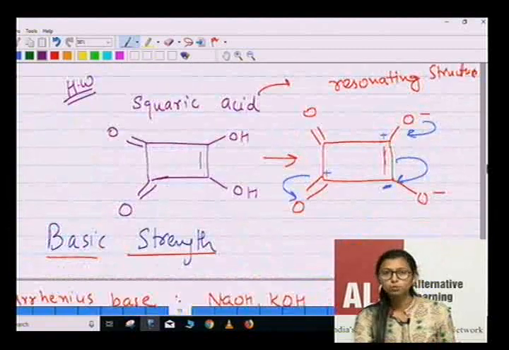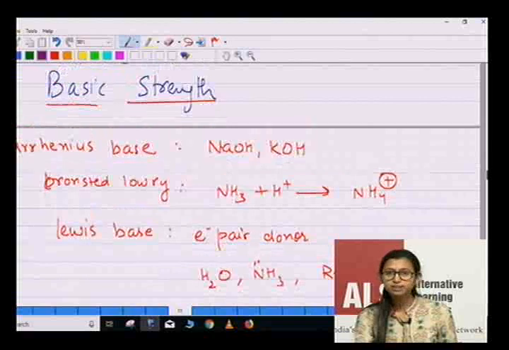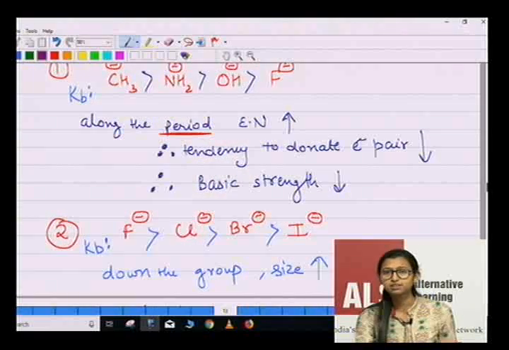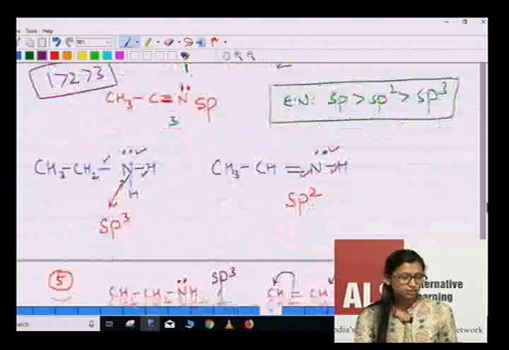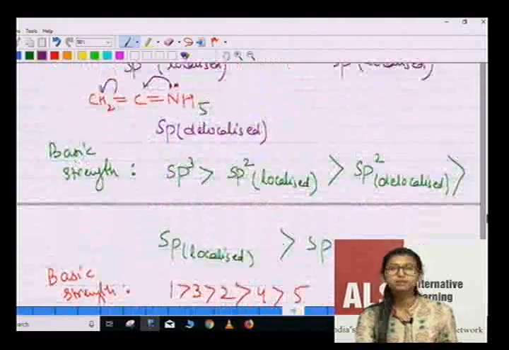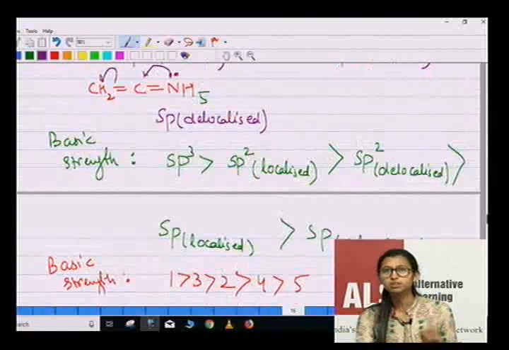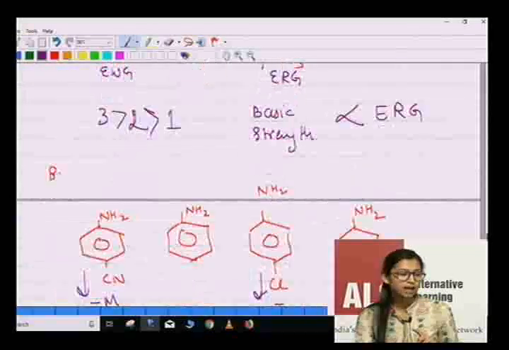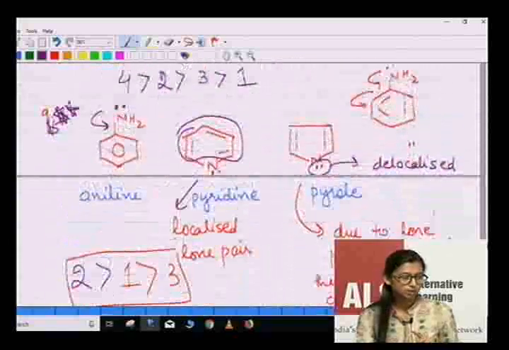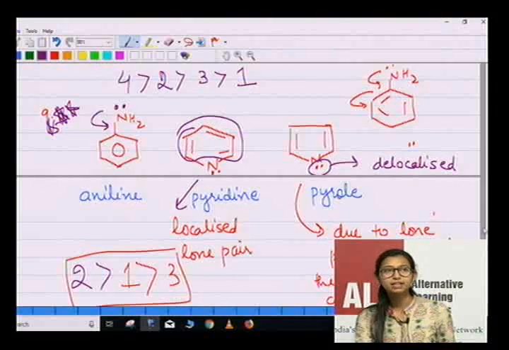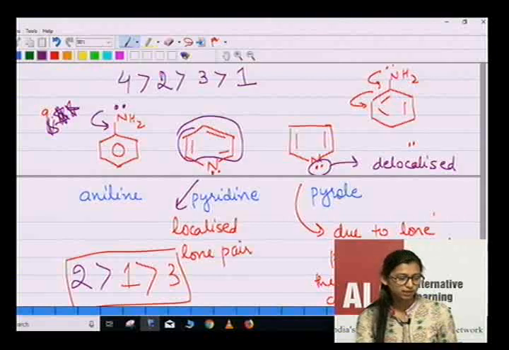Squaric acid is your homework. Basic strength we have talked about, and these were all the common questions we were discussing in the acidic strength. After that, this one is the important one, that order, SP, SP2, SP3, with the localized, delocalized one. After that, there was one more important question. Look at the screen. Pyrrole, pyridine, aniline, all these things were there.